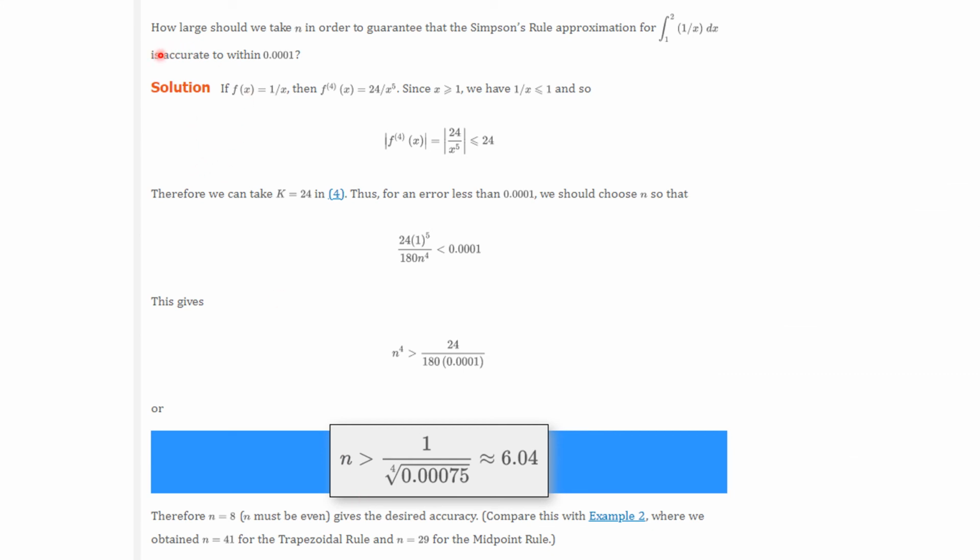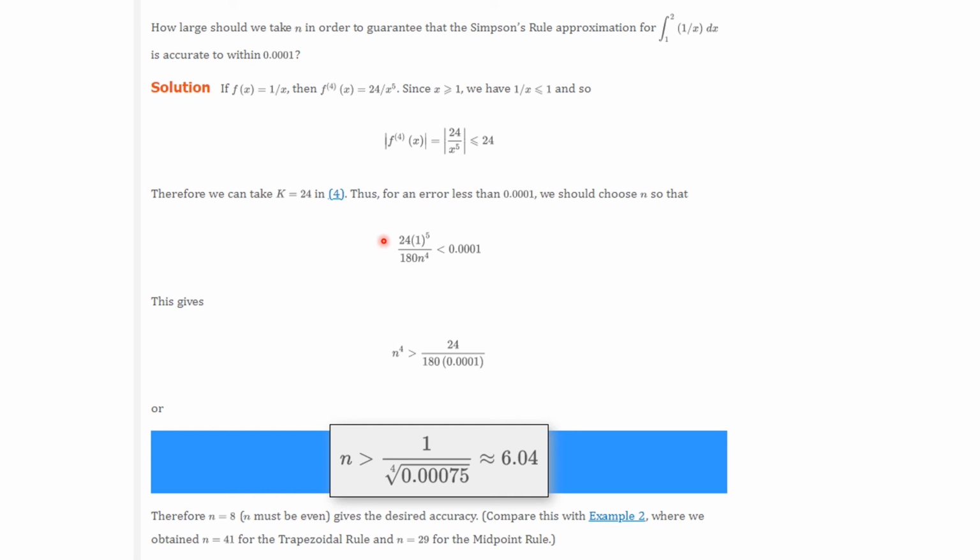Let's go back to a problem we did earlier too. How large should we take n in order to guarantee the Simpson's rule approximation for this integral is within a given tolerance, tenths, hundredths, thousandths, 10,000ths? In this case, f of x is 1 over x, and the fourth derivative is 24 over x to the fifth. We can conclude that the absolute value is less than or equal to 24, so K is 24.